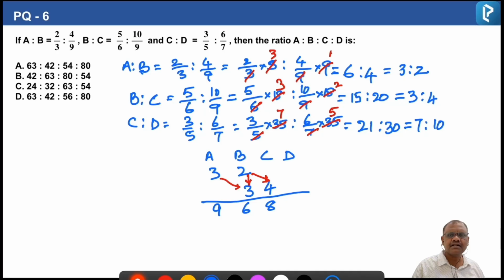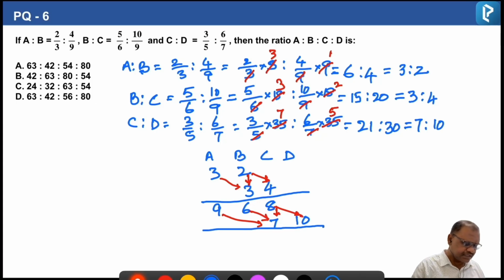So now again we have to combine the third ratio, C:D, that is 7:10. So how to combine? 9 should be multiplied by 7, 6 should be multiplied by 7, 8 should be multiplied by 7, and 8 should be multiplied by 10. 9 sevens 63, 6 sevens 42, 8 sevens 56, 8 tens 80. So what is the final ratio?